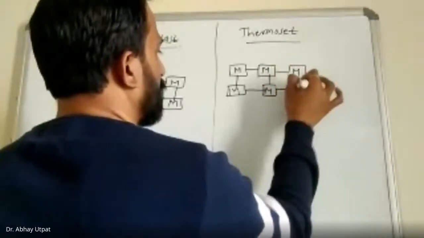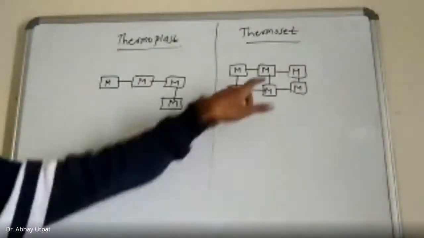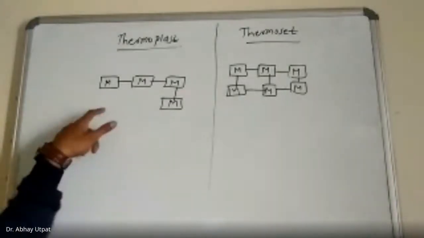M stands for monomer. This is a chain type and this is a cross-linking type.